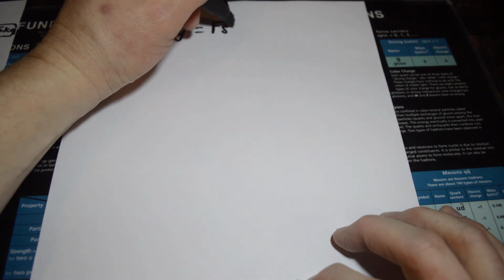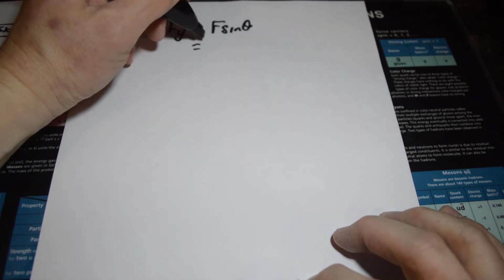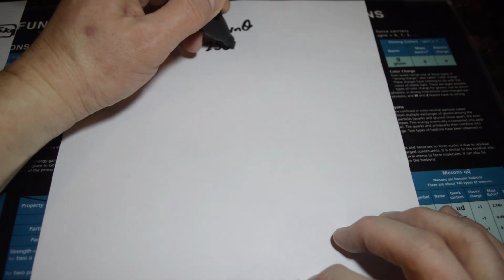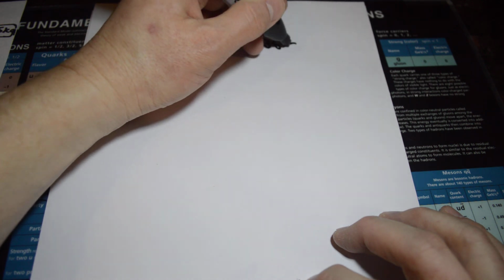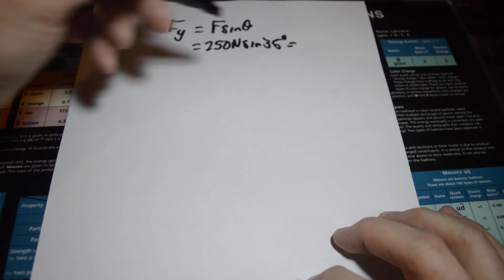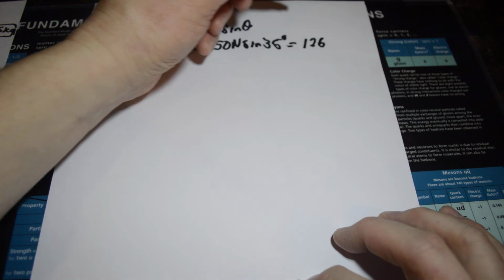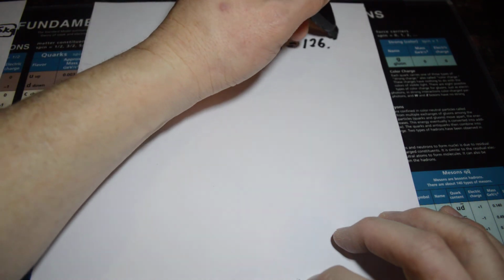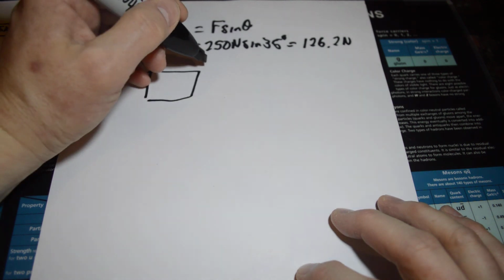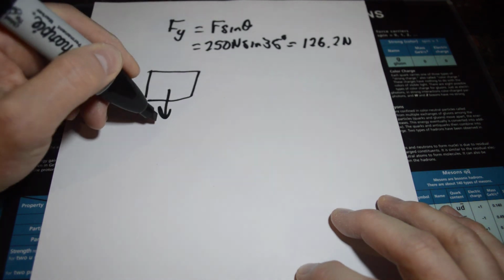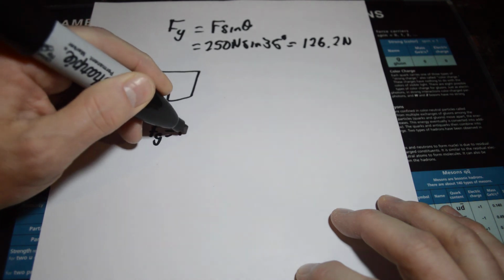So let's go ahead and do some calculations here. The y component of that force would just be F times the sine of the angle. So it would be 250 newtons times sine of 35 degrees. If you do that again, you get 126.2 newtons. If we draw our picture of that object, we have a weight force, which is mass times 9.8.